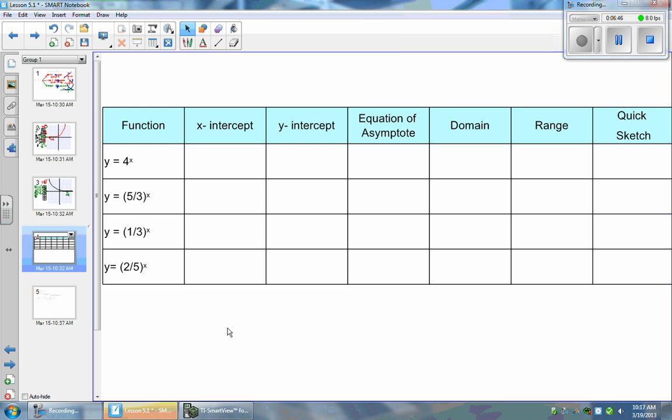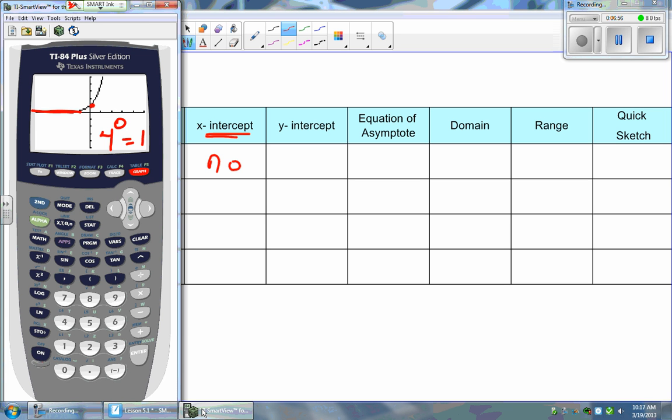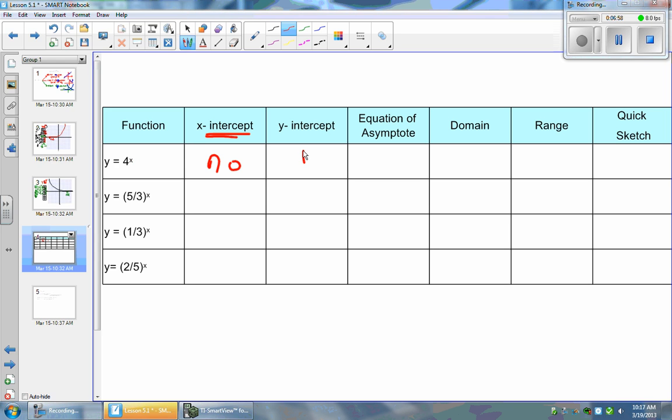So I got a question for you. Are we going to have an x-intercept then? Well, no, you're not. Are you going to have a y-intercept in this case? Well, yes, you are. Why? Take a look back at the graph. What's your y-intercept? It's 1, right there. So is there an equation of an asymptote? Yes, there's a horizontal asymptote, and that is, of course, going to be at y equals 0.